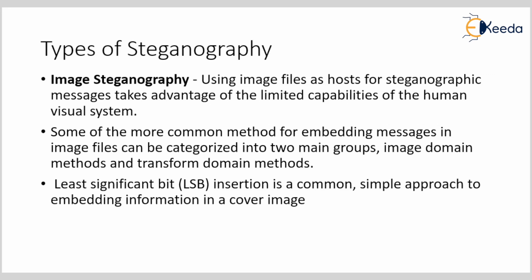Therefore, for GIF and JPEG images, there are different compression techniques used for image steganography. Some of the more common methods for embedding a message in image files can be categorized into two main groups: image domain methods and transformation domain methods. Image domain methods work upon the compression technique. Another method is least significant bit, that is LSB insertion, which is considered a simple approach to embedding information in a cover image.